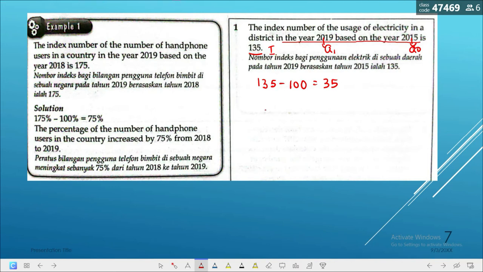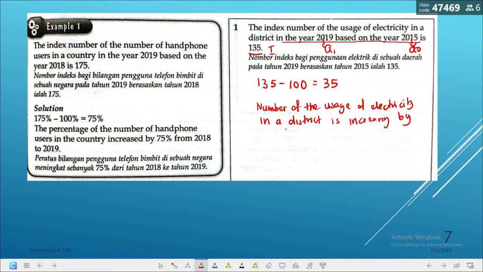So I put the sentence here: the usage of electricity in a district is increasing by 35 from 2015 to 2019. That's how you interpret based on the sentence given.